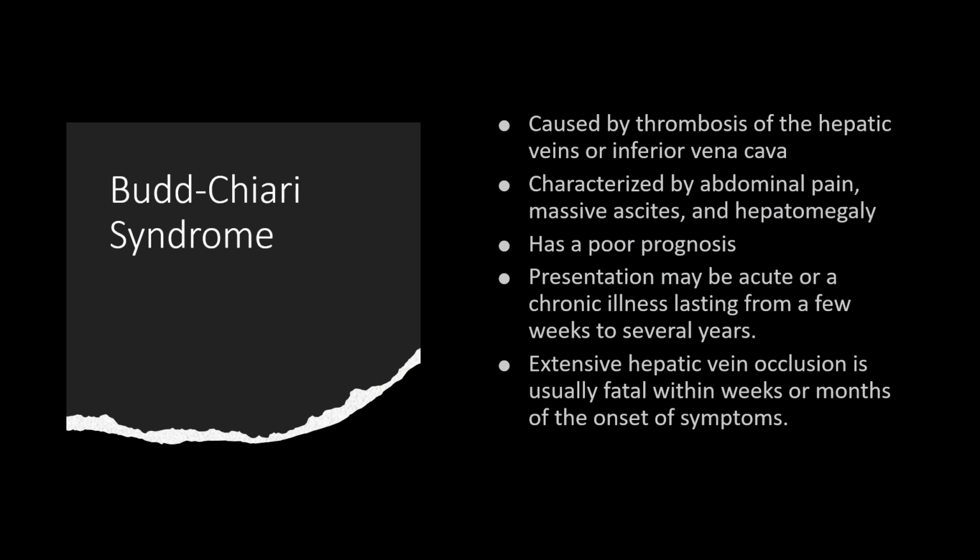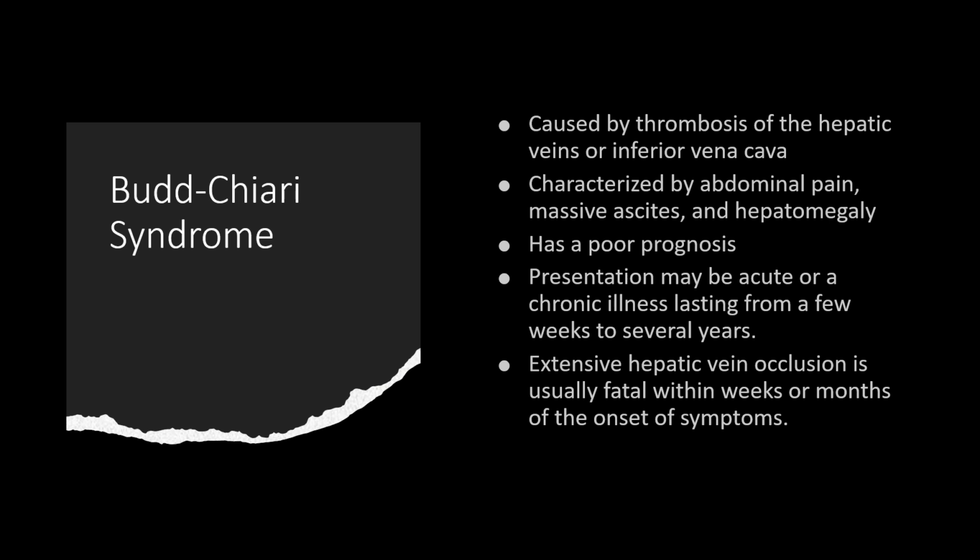When we're talking about diffuse liver disease and hepatic parenchyma stiffness and hepatocellular failure, we have to talk about Budd-Chiari syndrome. This is a syndrome caused by thrombosis of the hepatic veins or the IVC, so they become obstructed because of blood clot.